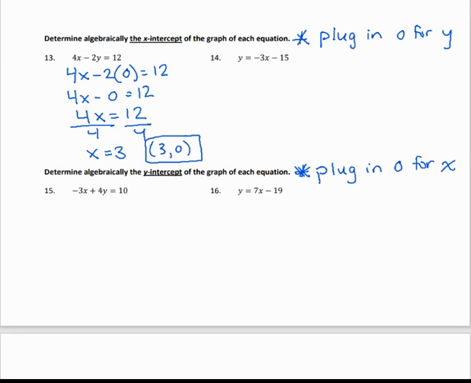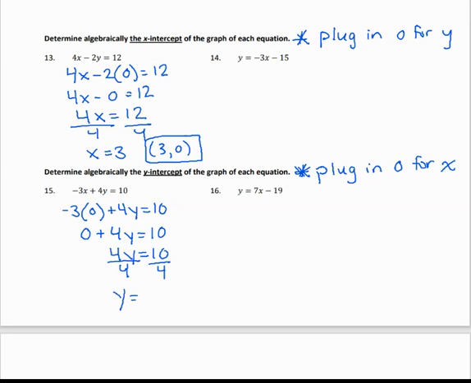Okay? So we'll have negative 3 times 0 plus 4y equals 10. 0 plus 4y equals 10. 4y equals 10. Now to get y alone, we divide by 4. Is that a nice number?